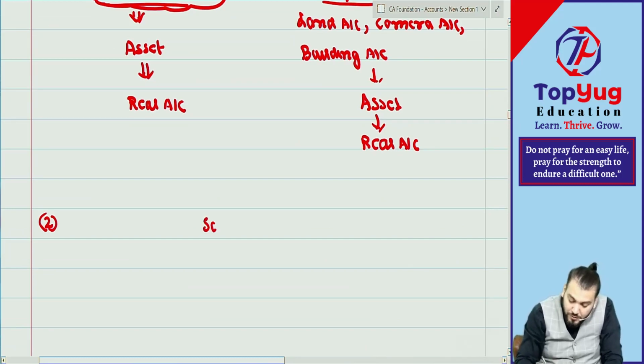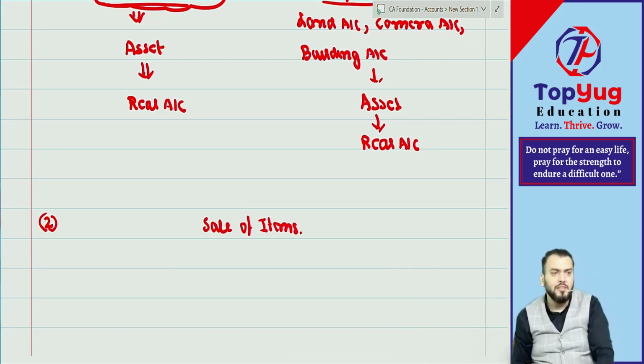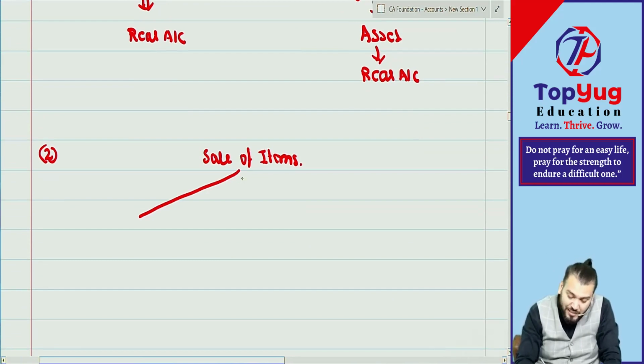Now, sale of item. Understood? So of course, whatever you purchase, one day you will sell it. I purchase furniture, after some time I can sell it. Correct? Now the question is, what are you selling?